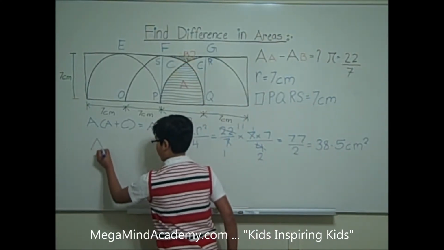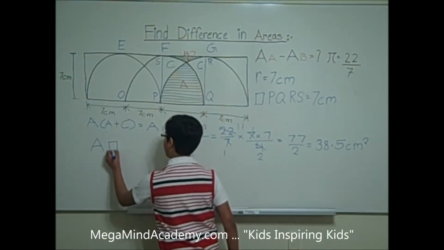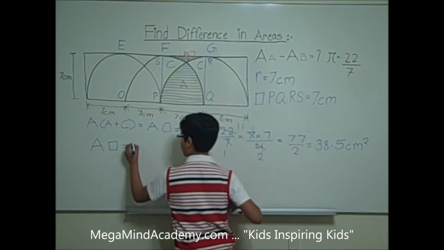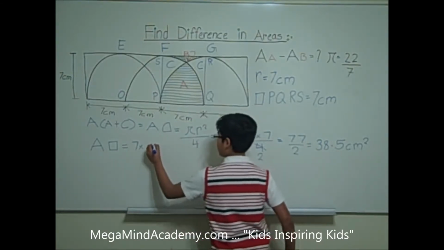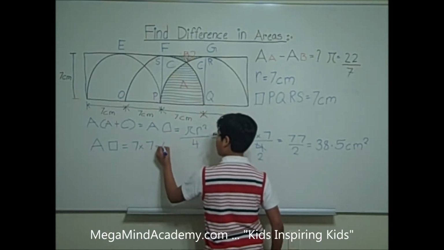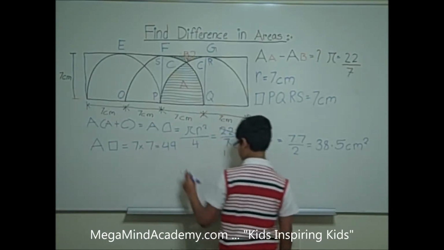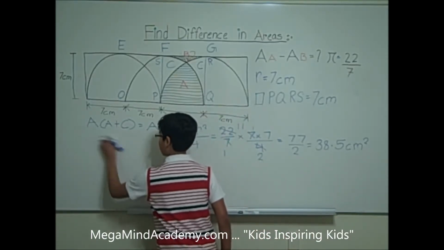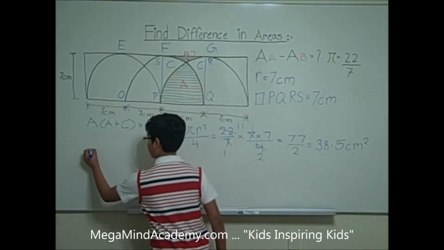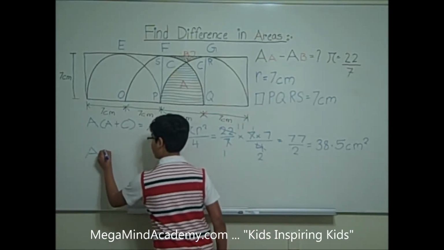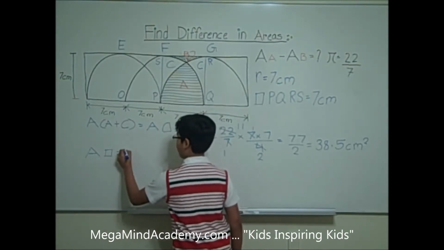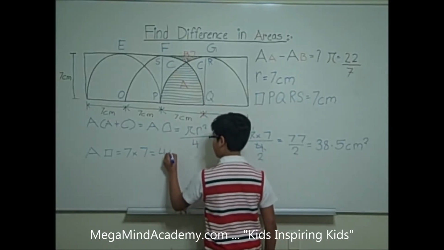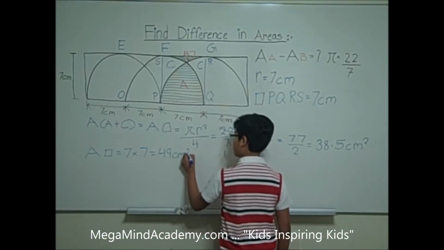The area of the square is equal to the side times the side, so 7 times 7, which is equal to 49. The area of the square is equal to 7 times 7, which is equal to 49 centimeters squared.